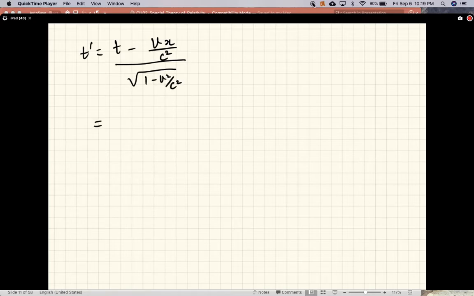All right, so in the unprimed frame, the event happened at 3.86 times 10 to the minus 8 seconds.